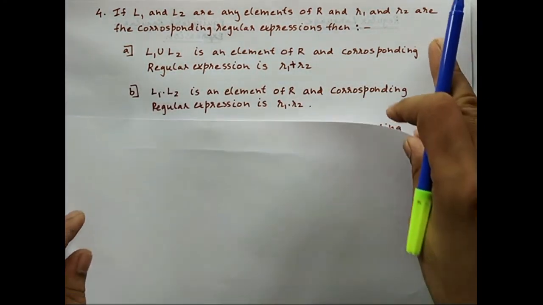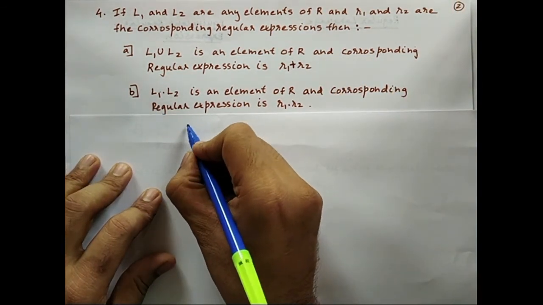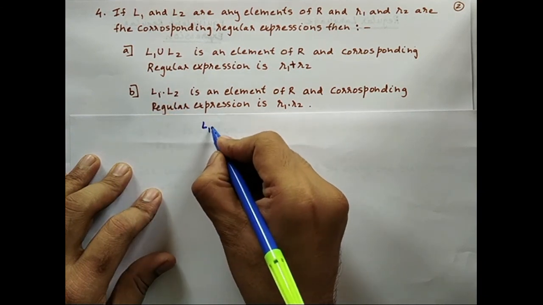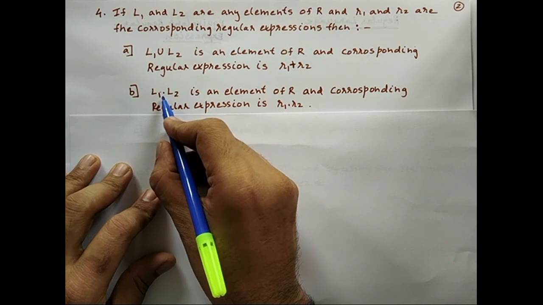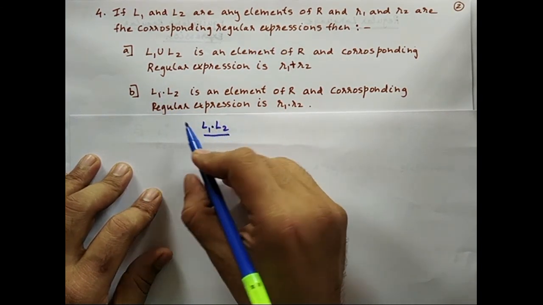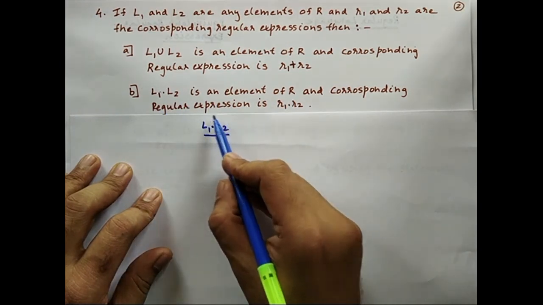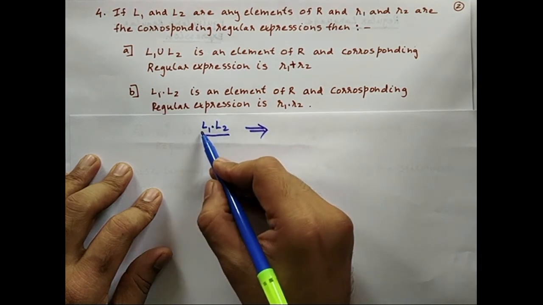Second point, it says: also there is a known result that if L1 is regular and L2 is regular, then L1 dot L2, where dot is called the concatenation operator, is also a regular language. So if L1 dot L2 is a regular language, then the corresponding regular expression will be R1 dot R2.